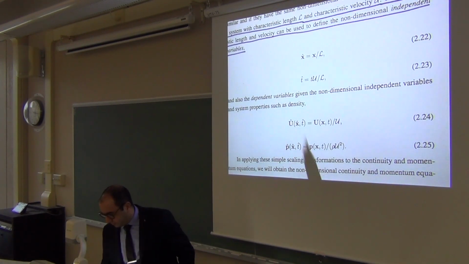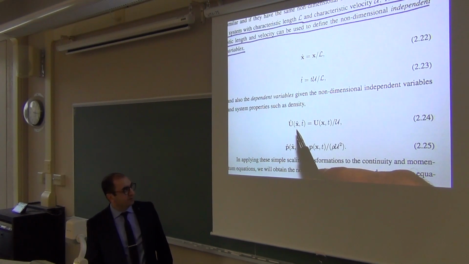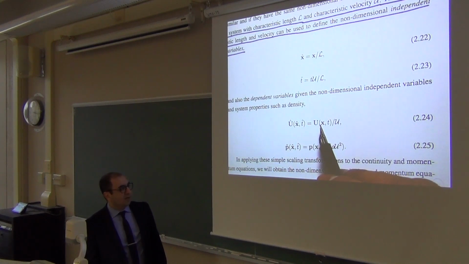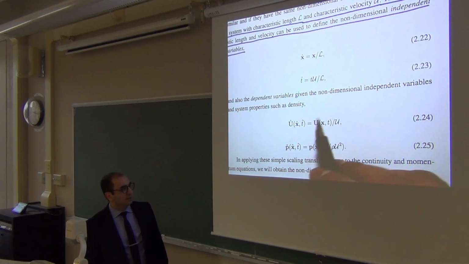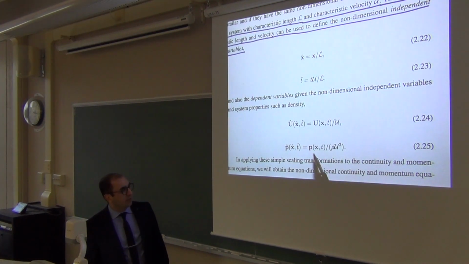Likewise, velocities you can non-dimensionalize. Now velocity itself is no longer a function of x and time, it's a function of non-dimensional position and non-dimensional time. And if you divide the actual velocity by the velocity scale, you get non-dimensional velocity, u hat. Pressure, same thing.